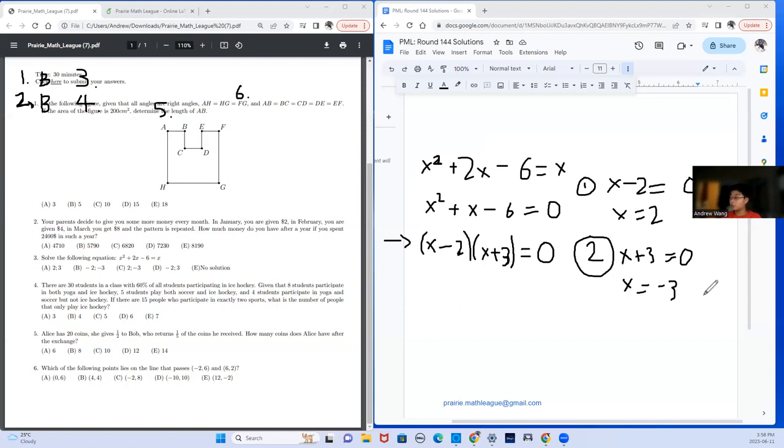One is x equals 2, and the other is x equals negative 3. So when we look at the available answers over here, we can see that it is C. So the answer is C for question 3.